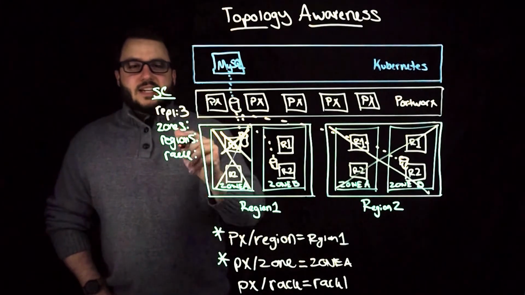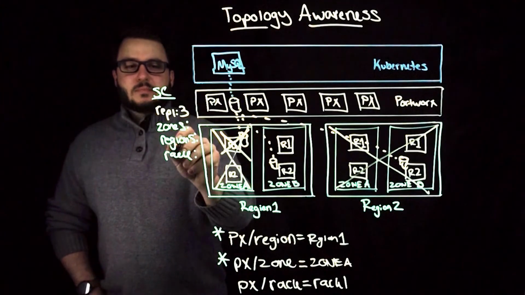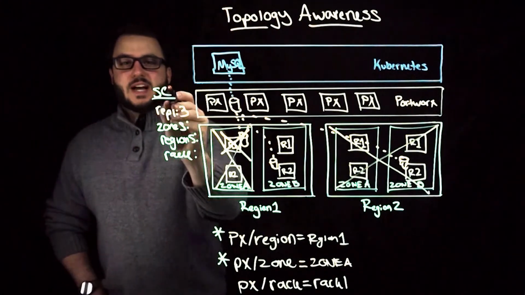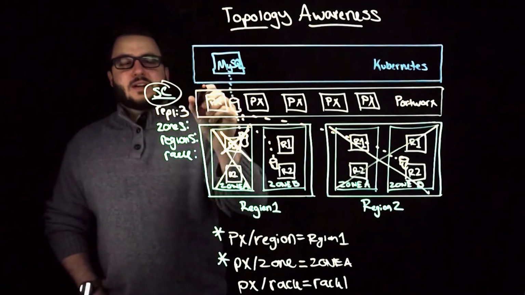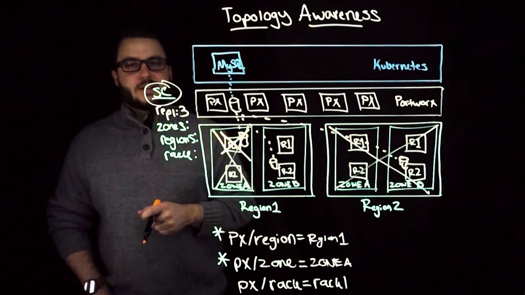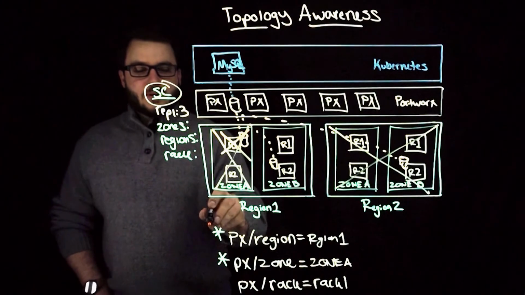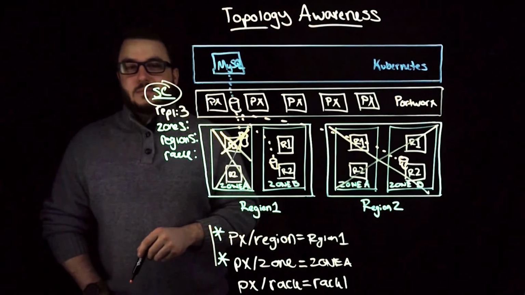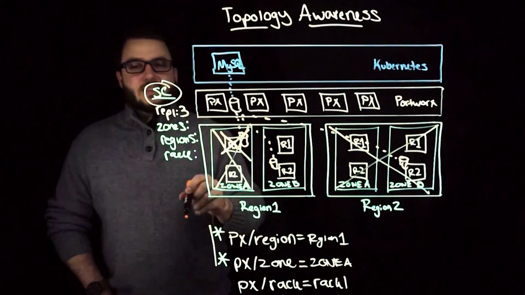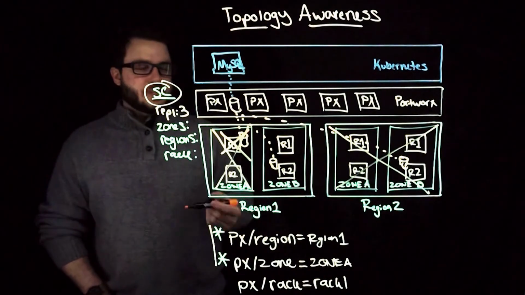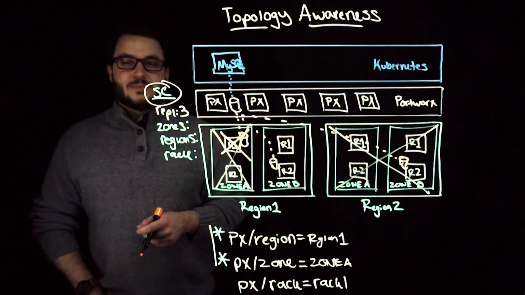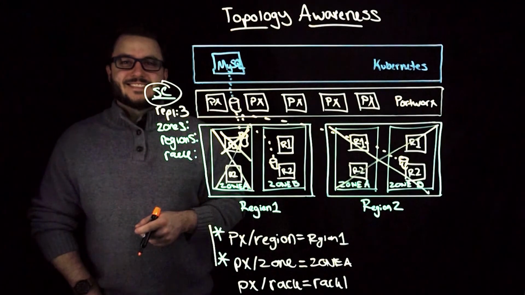And then expose these zones, plural, regions, plural, and racks, plural, in a storage class to enable your deployments and stateful sets to take advantage of topology awareness. And by default, remember, region and zone will automatically be picked up even if you don't have these in storage class, if you set them. So hopefully that makes sense, and stay tuned for more topics like this from Portworx.